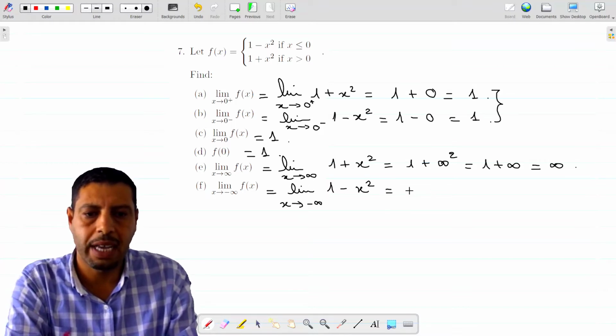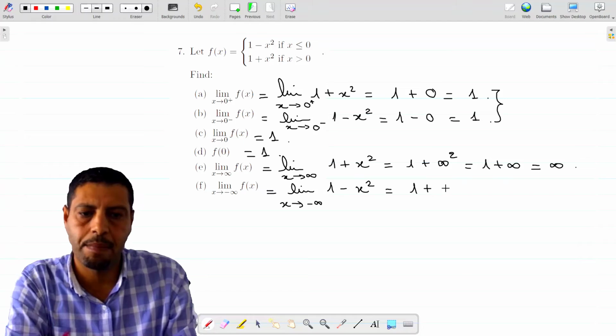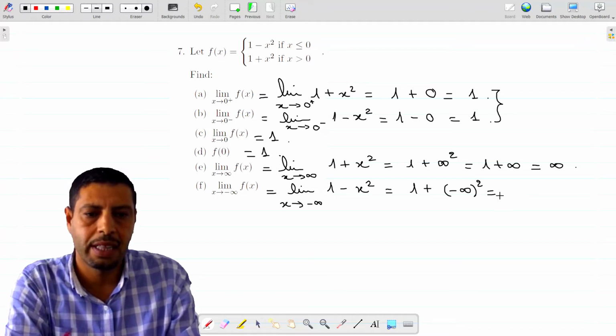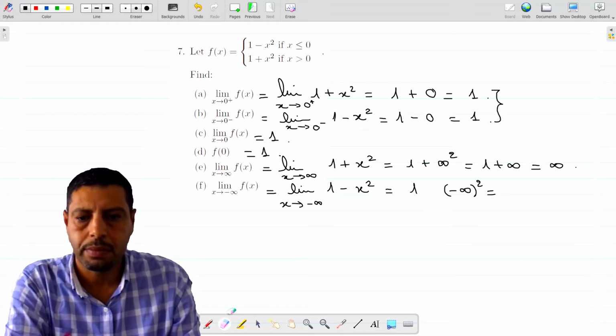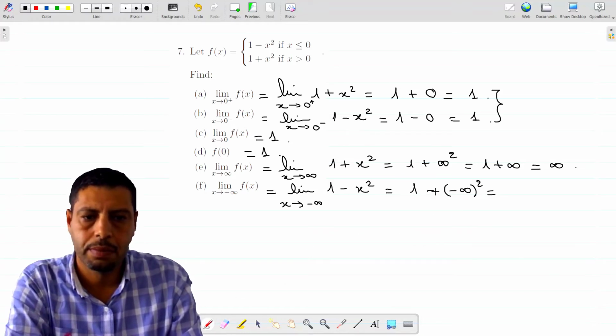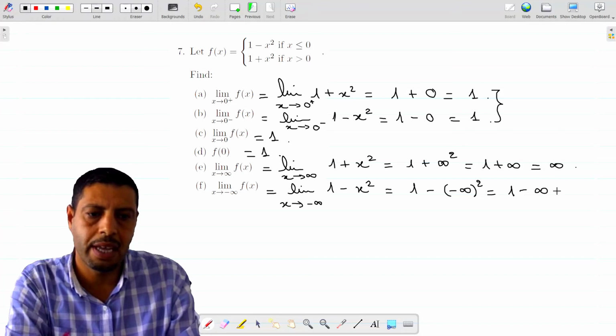You replace your x by negative infinity, and negative infinity squared is infinity, so it's equal to 1 minus infinity, and 1 minus infinity is negative infinity.